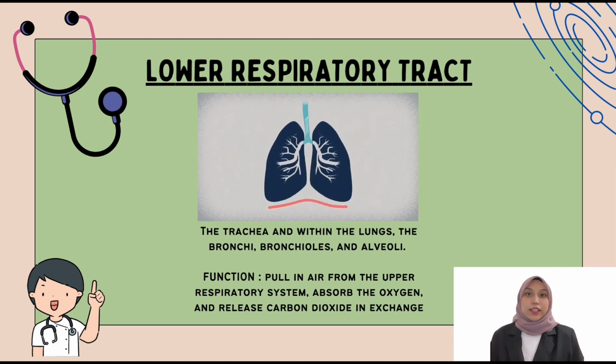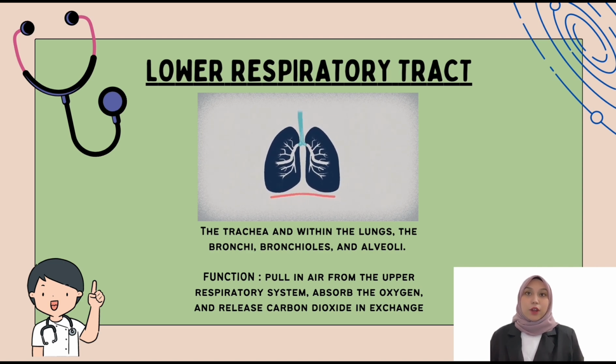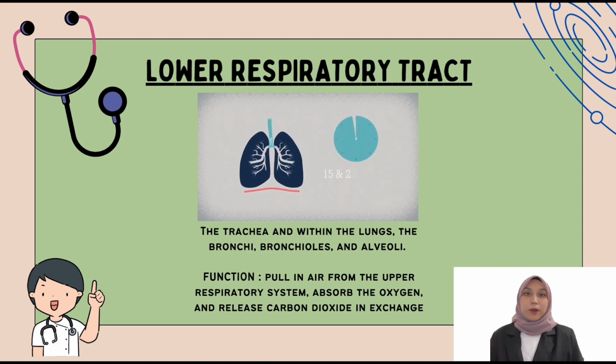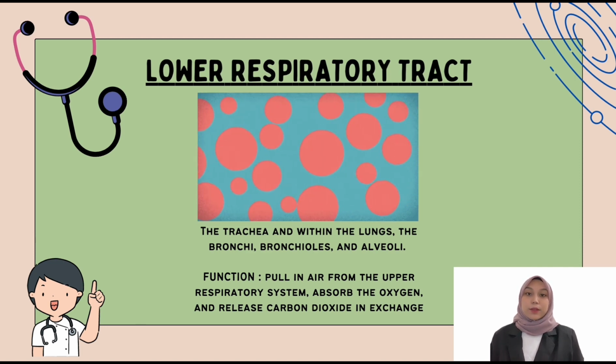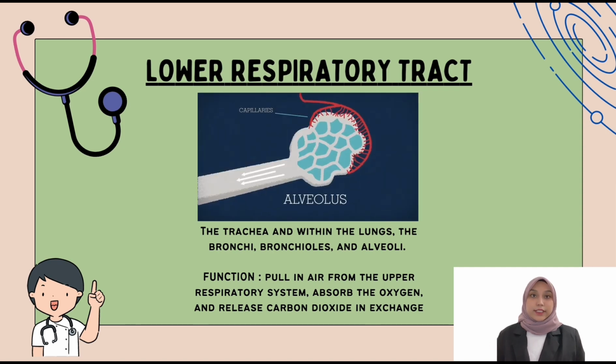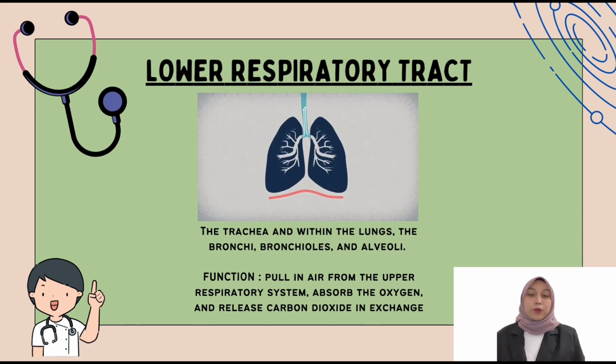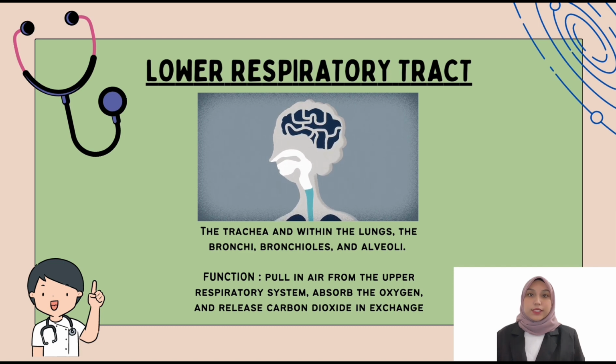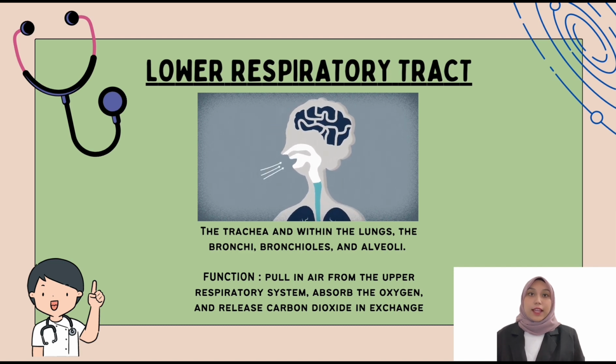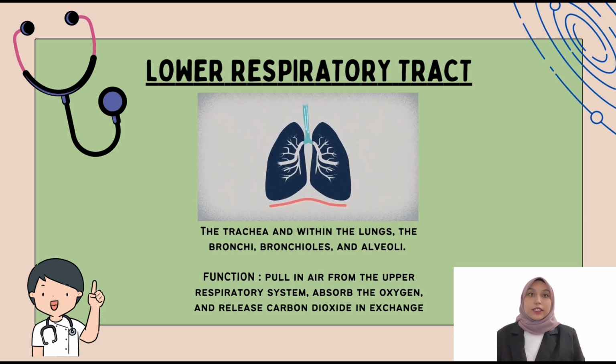The trachea is a tube less than an inch in diameter, covered by cartilaginous rings. It extends from the bottom of the larynx down behind the sternum until it branches into smaller tubes, the bronchi. During inhalation, air filtered and warmed by the upper respiratory system passes the pharynx and larynx into the trachea, then down the bronchi and into the lungs.